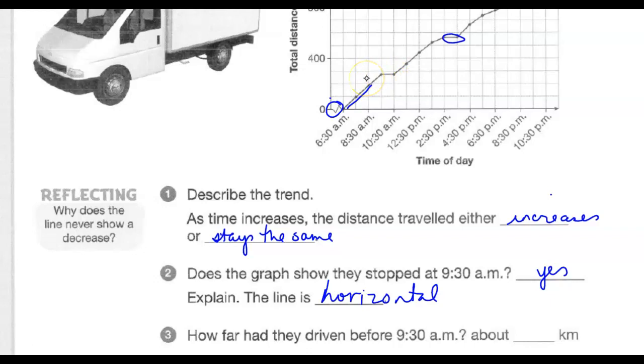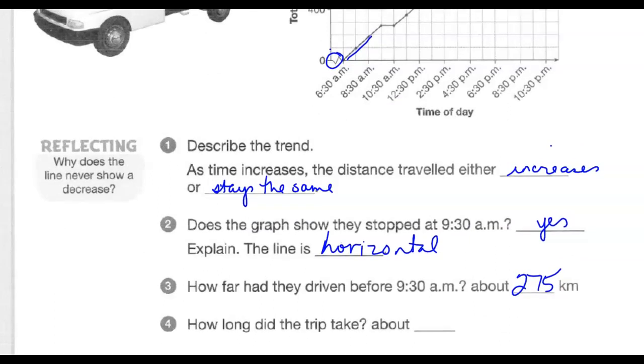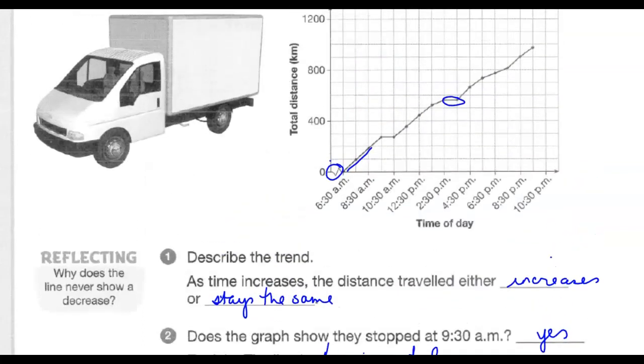I would say maybe about, I don't know, 270 something, 275. Hard to be terribly exact, but certainly not more than 300 and not less than 250, because 250 would be halfway in between.